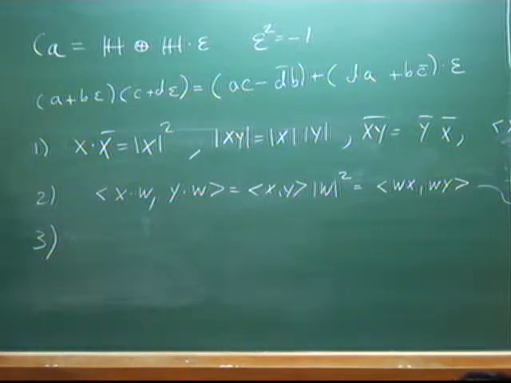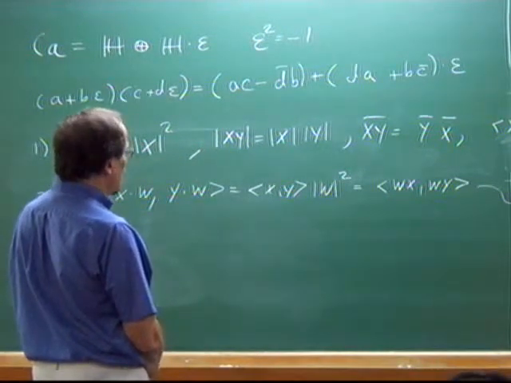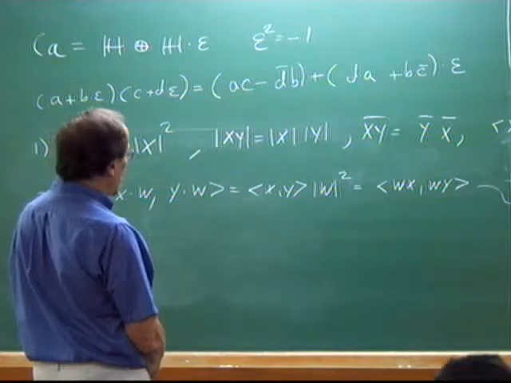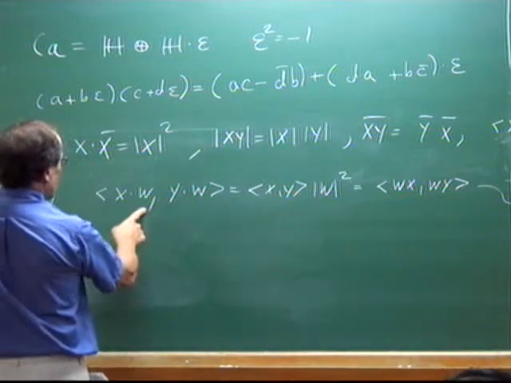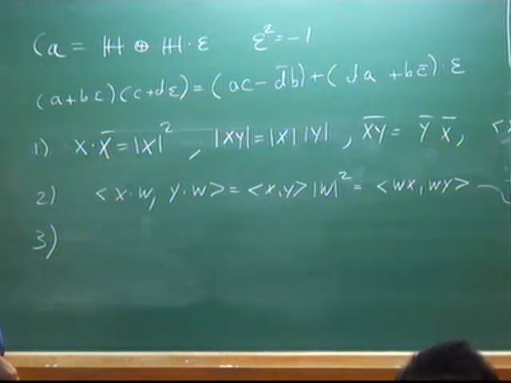For the last one, don't you need to use the conjugation symmetry? Say it again? For the last part, don't you need to use that conjugation symmetry? For which part? For the last one, because when w comes out from the left, the expression goes to the sides. What are you doing?